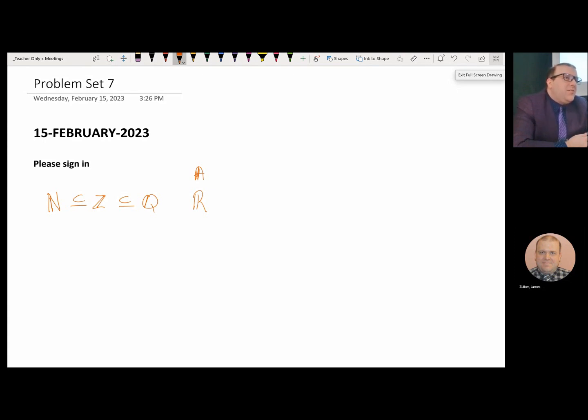It repeats. As an interesting aside, 0.9 repeating is equal to 1. Doesn't seem to make much sense. Well, clearly every rational number is real.